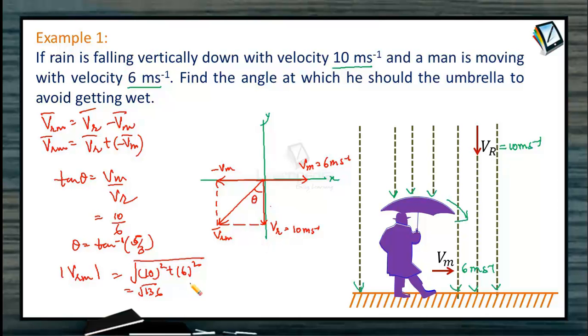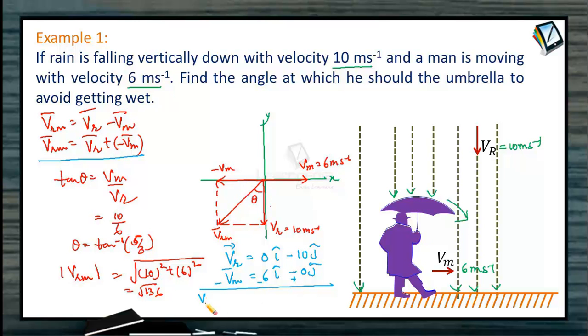We can work it out. First write the velocity of rain in vector form: 0 i cap minus 10 j cap. Correct? 0 i cap minus 10 j cap. Velocity of man, in which direction is it going? 6 i cap minus 0 j cap. Now what you have to do? Velocity of rain with respect to man is Vr minus Vm.